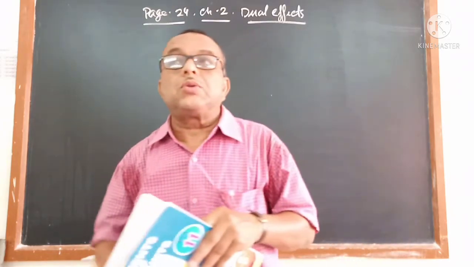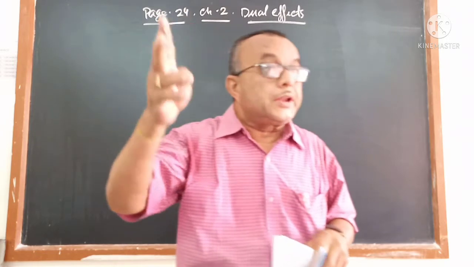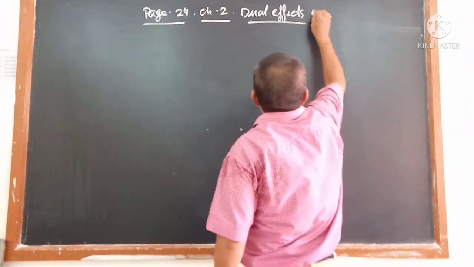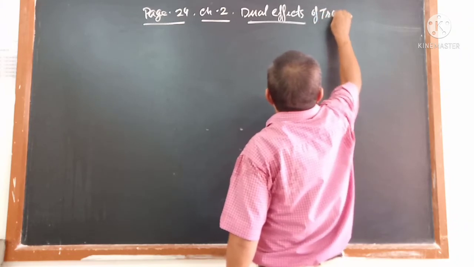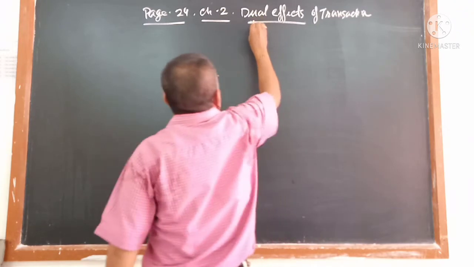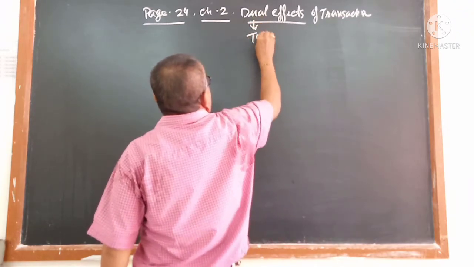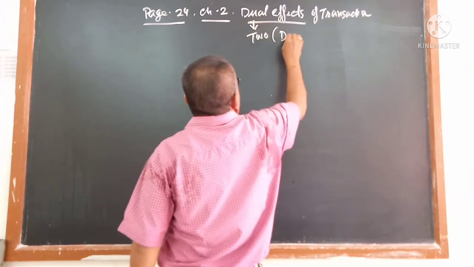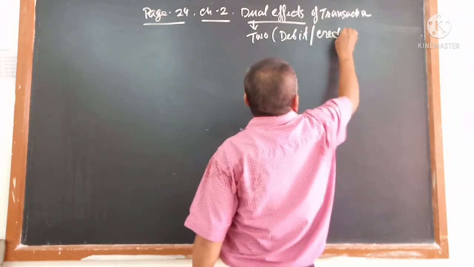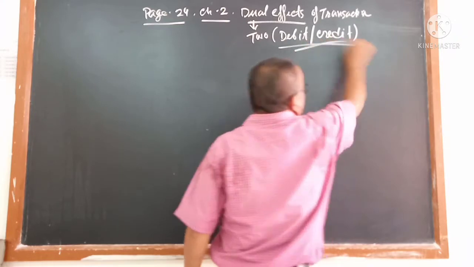Now from the second chapter onwards, this debit effect and credit effect is called dual effect. Dual means two effects, one is debit, another is credit. This is called two effects.